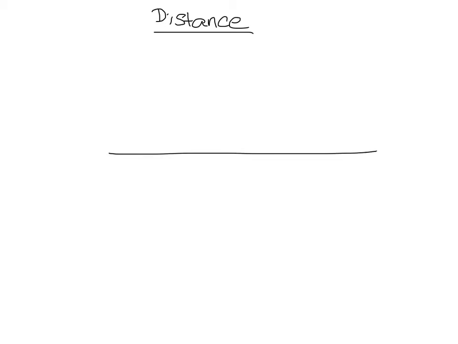So let's say we have a number line, and let's just number it -4, -3, -2, -1, 0, 1, 2, 3. All right, so we have our number line here, and let's say we have one point that's right here. Let's call that A, and another point over here.